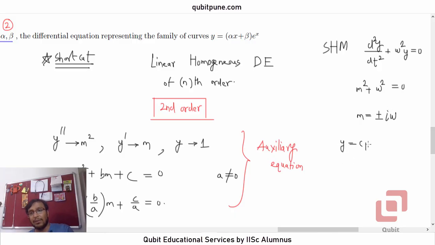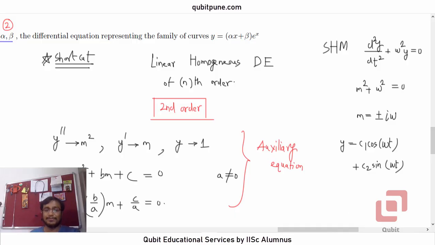So y is equal to c1 cos omega t plus c2 sin omega t. Mind you, this is the general solution. If you want a particular solution, it will depend on the initial velocity and the initial position. That is how you determine the values of c1 and c2 as arbitrary constants.